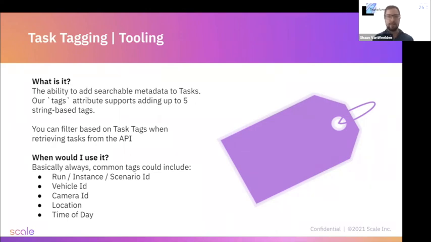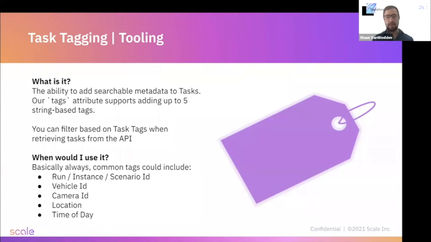And I don't want to go keep track of all the different tasks I've tried to store for that specific run. Similarly, you need to go pull annotations off of a specific vehicle, from a specific camera, a location, during a time of day, etc. Tags can be used for all of these things. And I really think this is going to change the way in which we export or you retrieve your data from our platform.